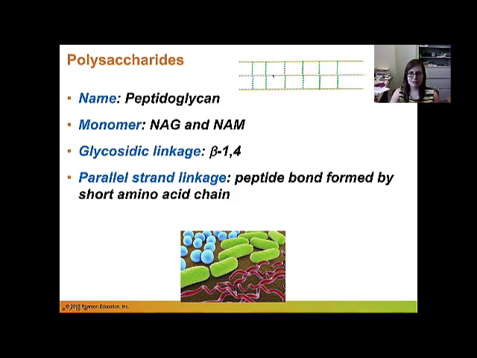And so here's an example. So you have NAG, NAM, right, repeating. And then here these bonds, instead of being hydrogen bonds, are actually covalent, right, peptide bonds between the amino acids. So it's a very tough interaction between the parallel strands. And it functions as a bacterial cell wall.